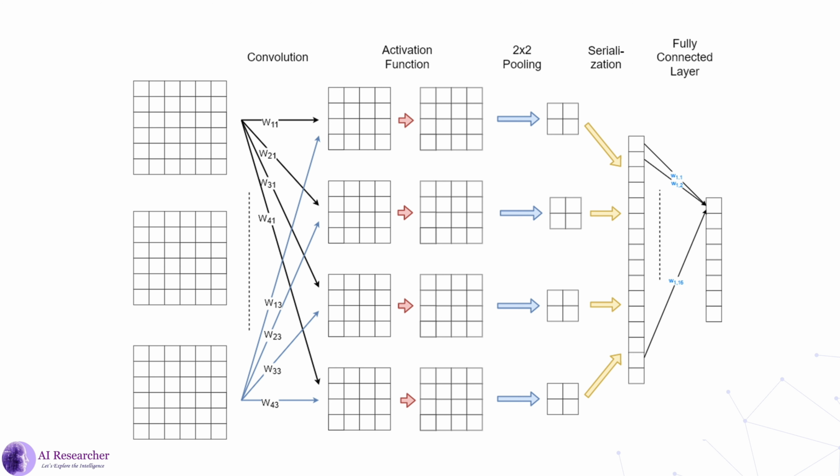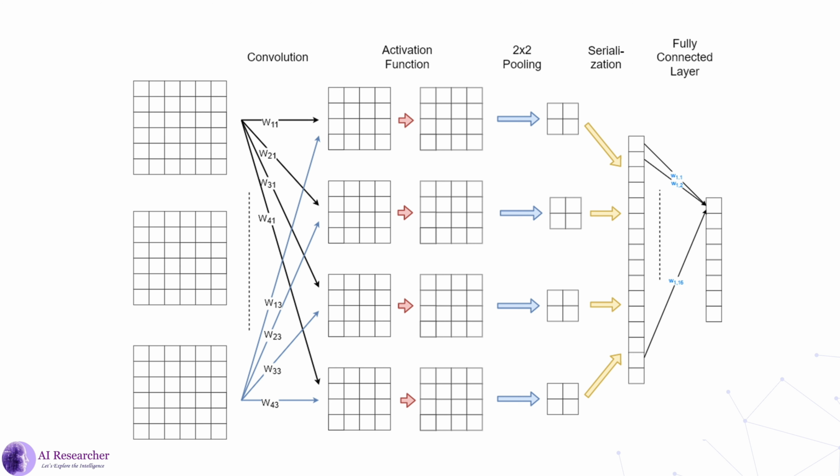These feature maps are then processed through an activation function, typically ReLU as I mentioned, to introduce non-linearity, followed by the pooling layer, which we are going to see in a bit, that reduces the dimensions from, for example, here 4 by 4 to 2 by 2 using a pooling layer of size 2 by 2.